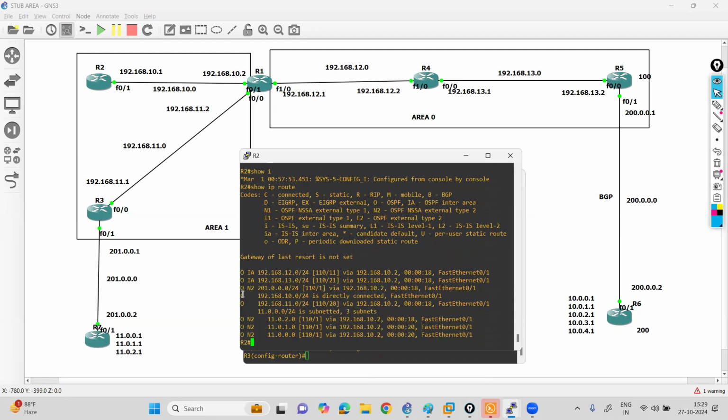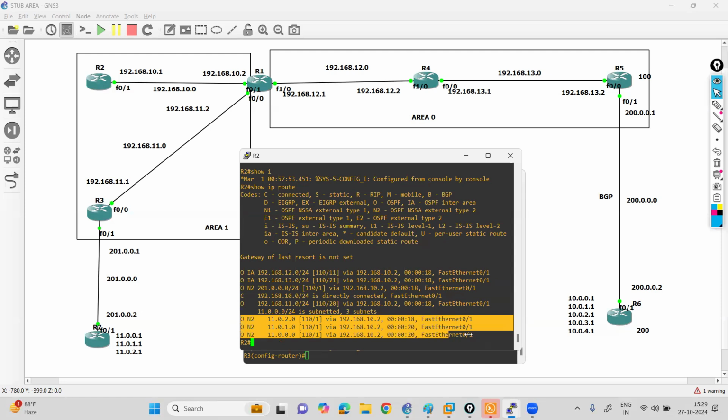So here you can see the O and N2, O and N2, right? Yes, sir. So all the external routes will be converted into a special type of route that is called ON2, right? So this is called not so stubby area configuration. Any confusion with this, dear?